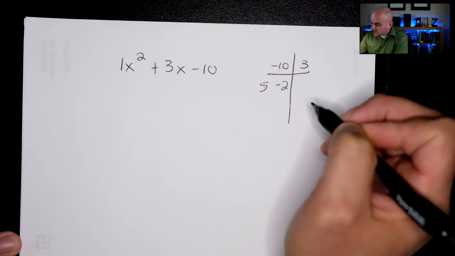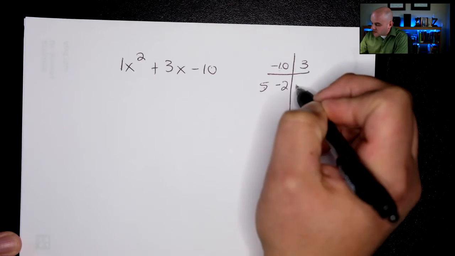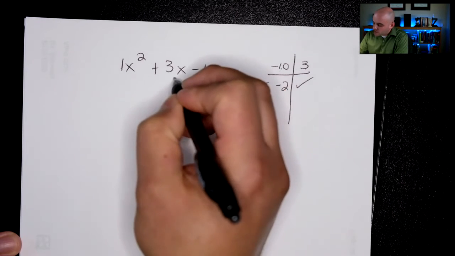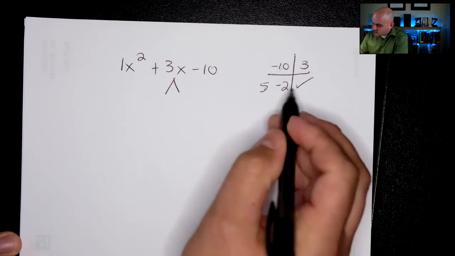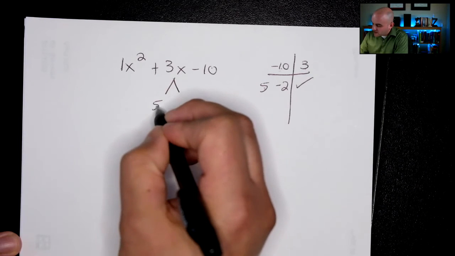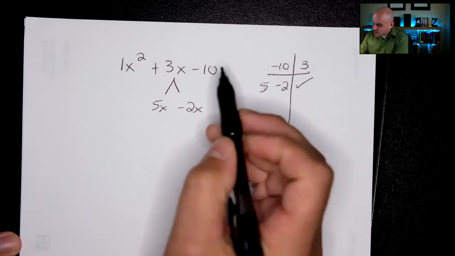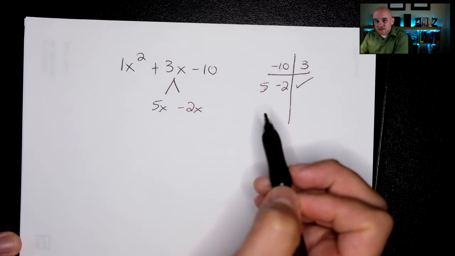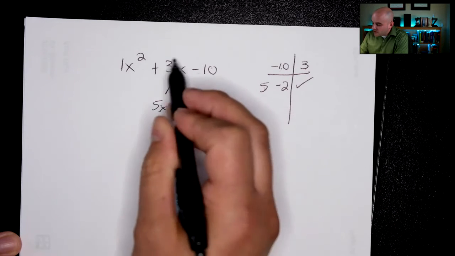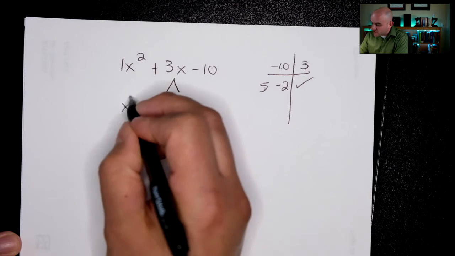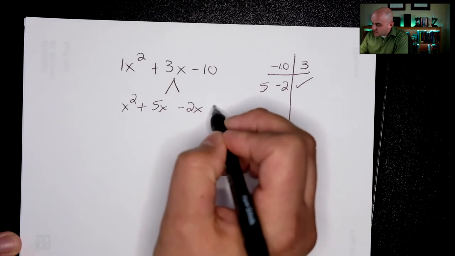Multiplied, give me -10. Added, give me +3. So I'm going to break up that 3x into these two right here, 5x and -2x. Notice these two add to give me 3x. So I'm not changing the value of this expression. I'm just changing the way it looks.